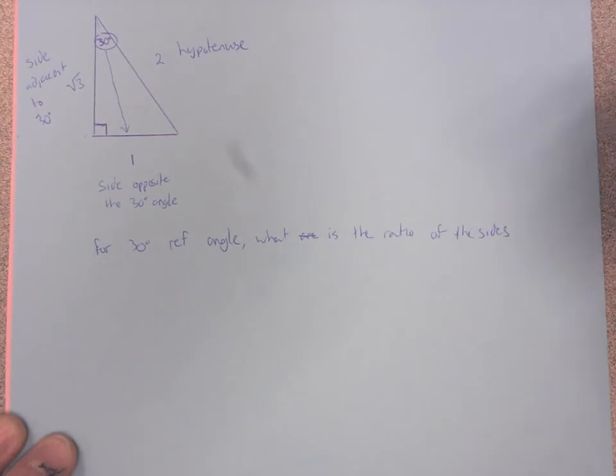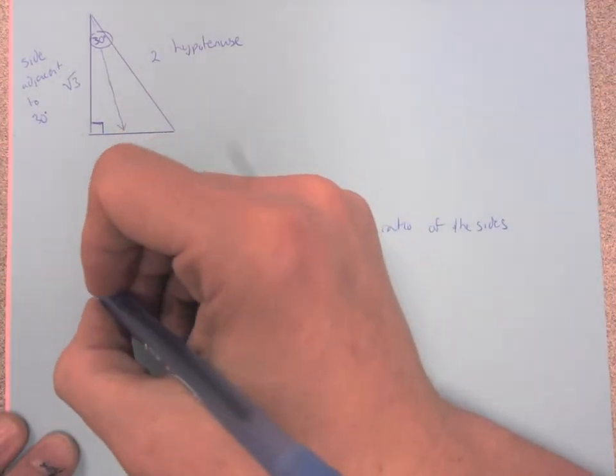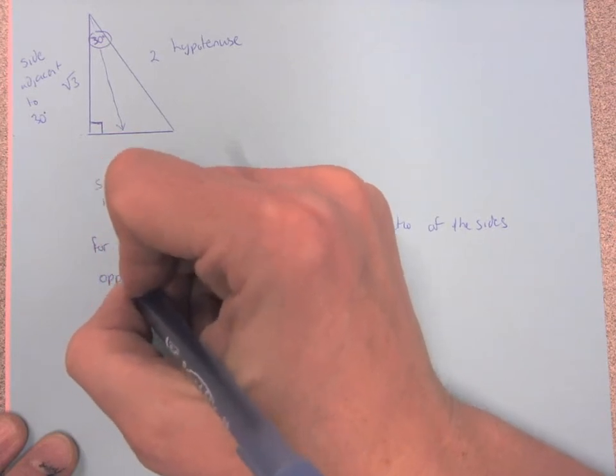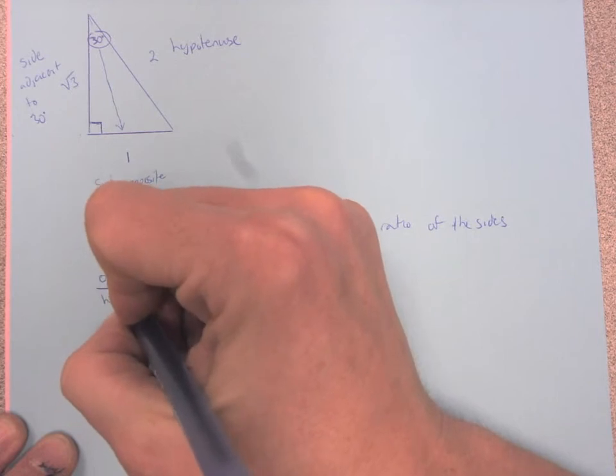Again, we have to pick a reference angle so we can say opposite and adjacent, and we know what those mean. Let's start by finding the ratio of the side opposite to the hypotenuse.